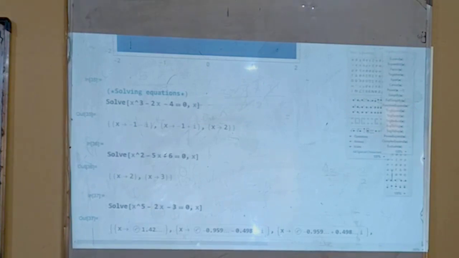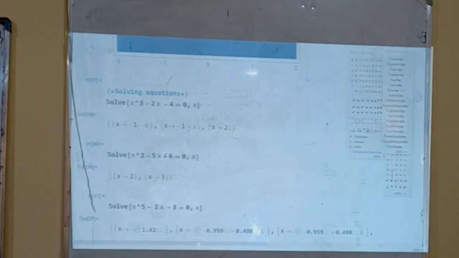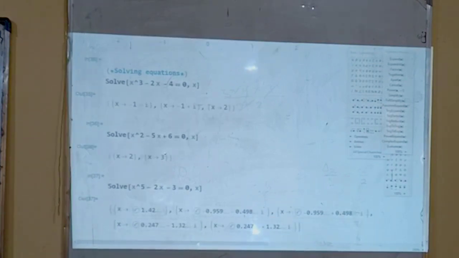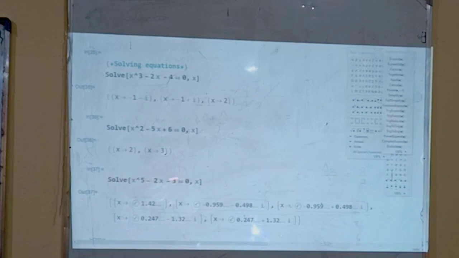Okay. Now, let's look at something. Can you raise this up? I want to. Aha. Now, you see here, we have solved this problem. Depending on the mathematical you are using, you see these signs here.